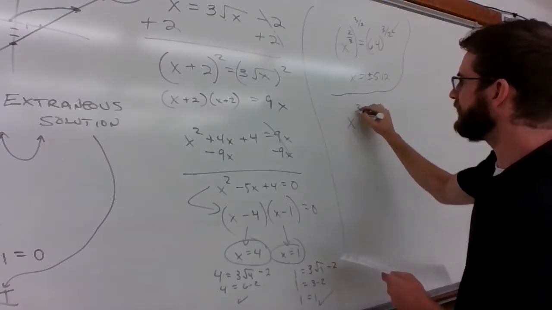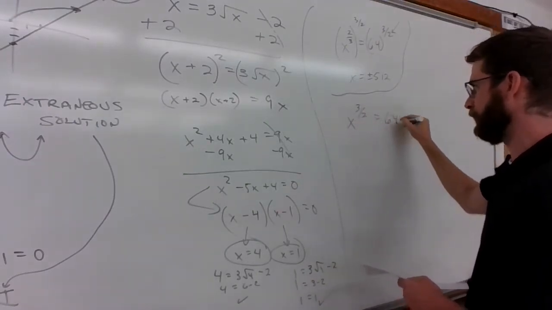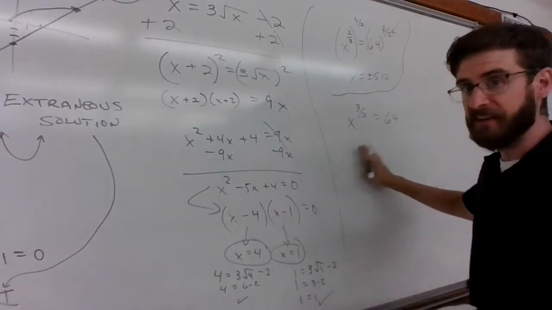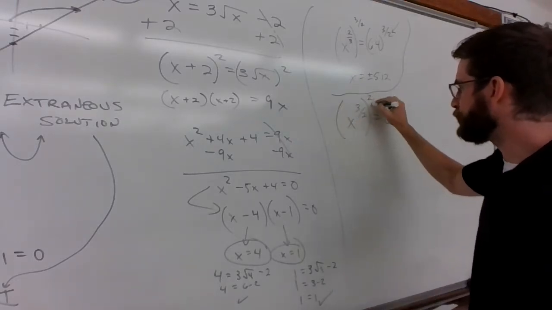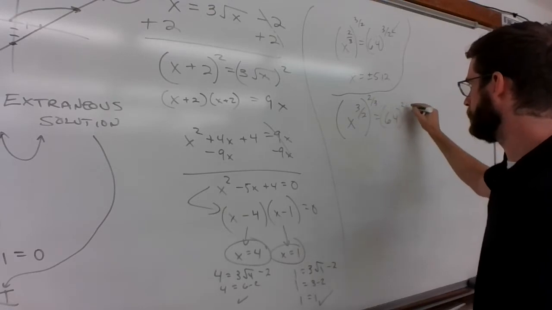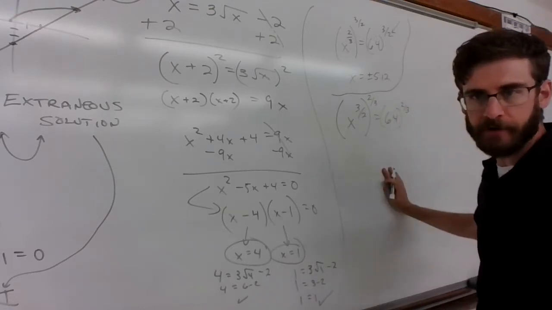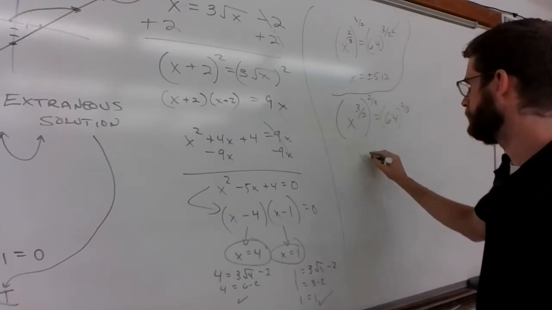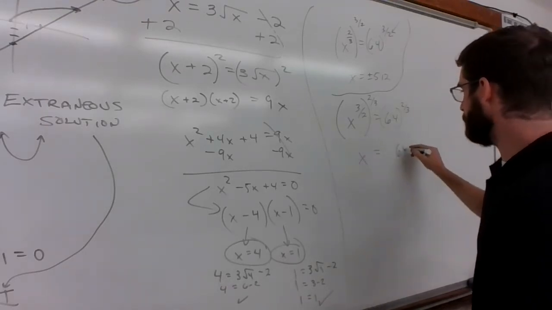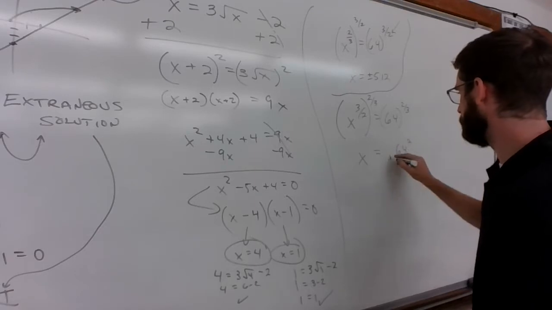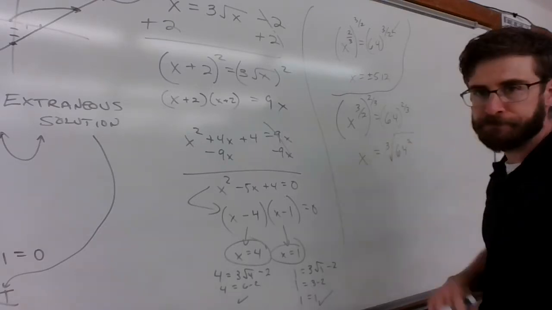Let's say you were given x to the 3/2 equals 64. What if you take it to the 2/3 power? What's fundamentally happening right here? Well, you're squaring 64, and you're taking the cube root of that.